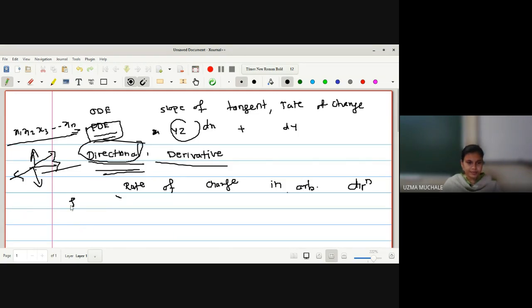Let f be a real valued differentiable function defined on E3 space, and let Vp be a tangent vector to E3.